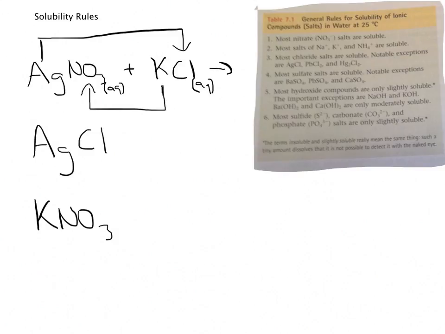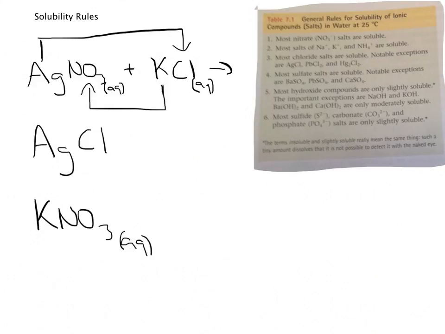We now use what are called the solubility rules to help us determine. Solubility rule number 1 says most nitrate salts are soluble. In fact, for our purposes, any salt, and a salt is just an ionic compound, a cation and an anion, any ionic compound that contains nitrate will be soluble. Right away, we know that this product will stay dissolved in water, so this is going to be aqueous. That tells us then that the AgCl must be our solid product.